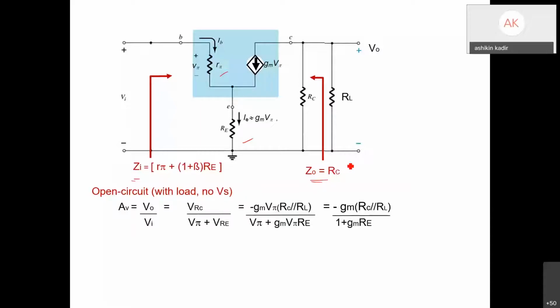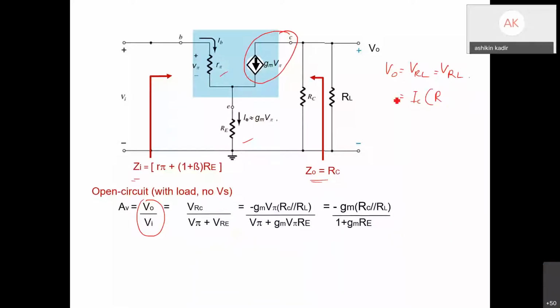But your AV gain will be different, because it is V out over VI. V out is equal to VRL, which equals VRC, but the current here is only one. So you use Ohm's law: IC multiplied with the resistors.